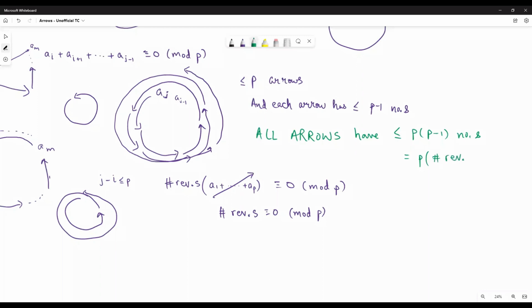Because the left hand side is equal to p times the number of revolutions, because each revolution has p numbers. Is this okay? Yes. So we get that the number of revolutions is less than or equal to p minus 1, which is a contradiction.